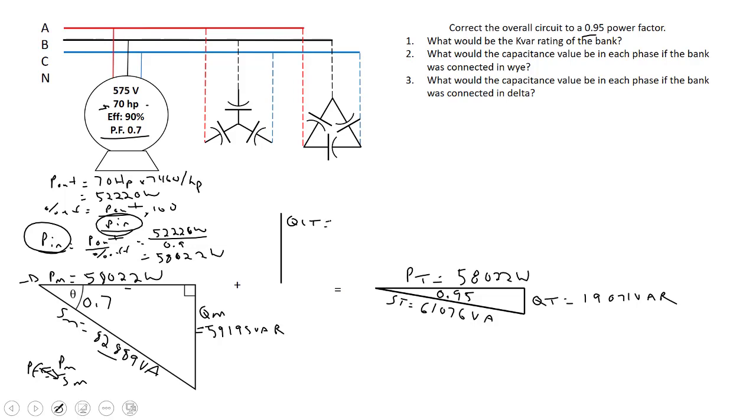So we're going to take our Q of our motor and subtract off the value in the Q total down here. And the leading VARs that are required of this capacitor bank is about 40,124 VAR.